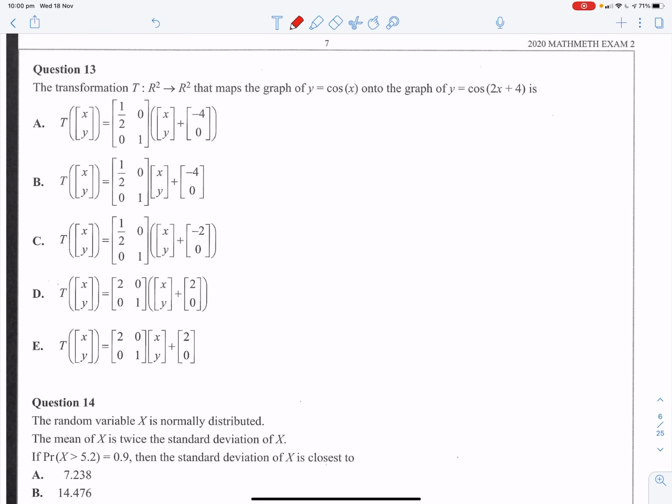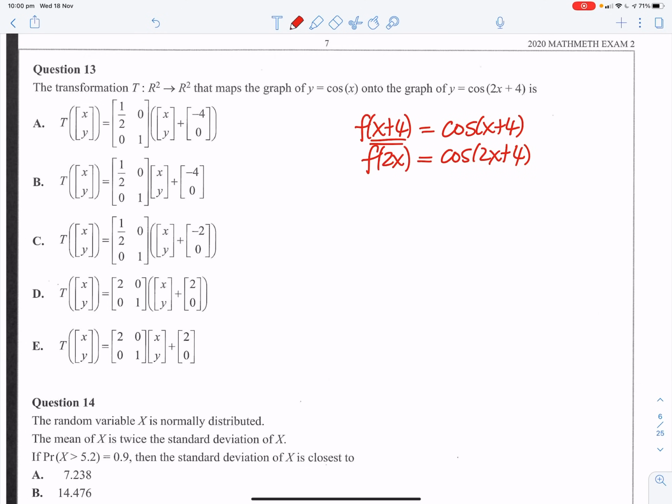Here, we're going from cos x to cos of 2x plus 4. So we could either go f of x plus 4, which would become cos of x plus 4, and then f of 2x, which would be cos of 2x plus 4.